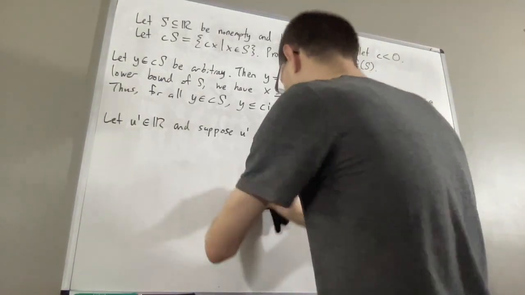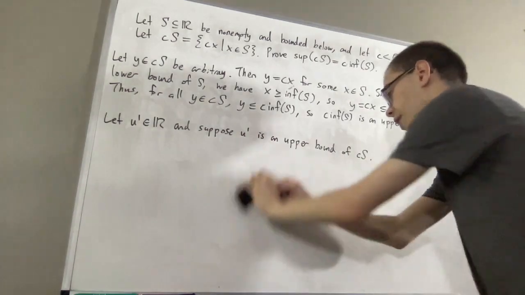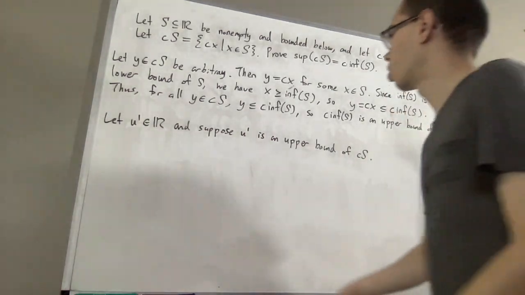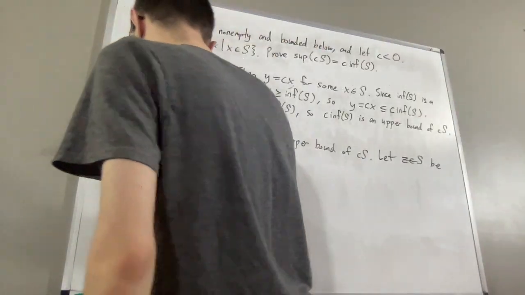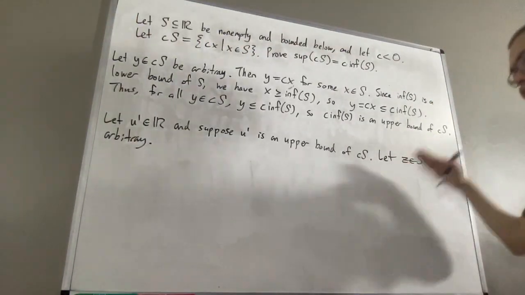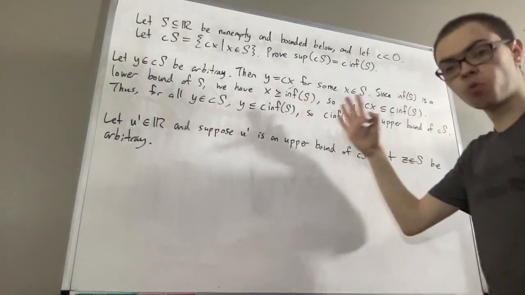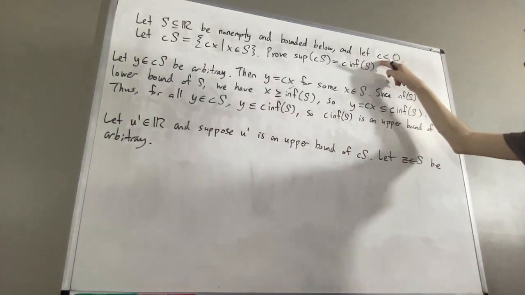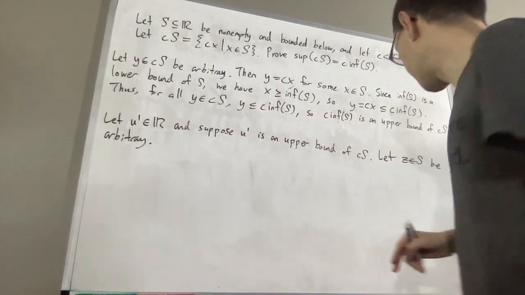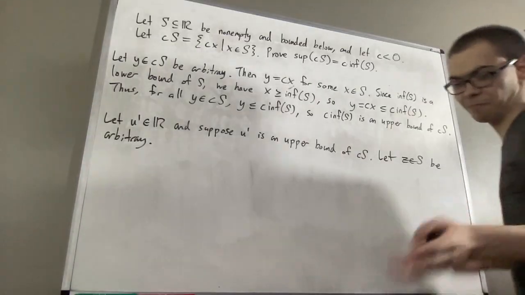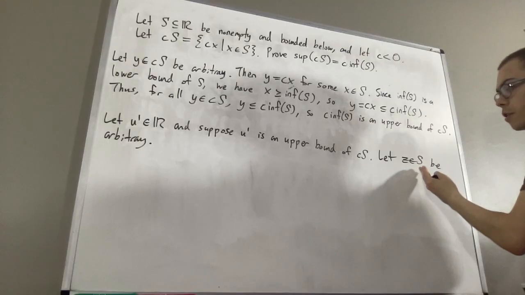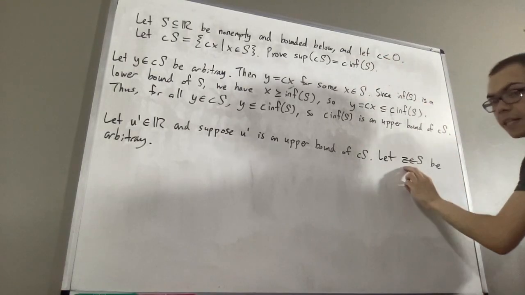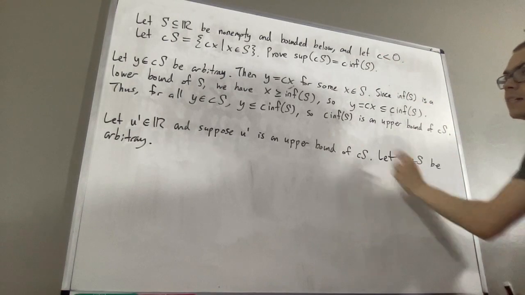To do that, we would give ourselves an arbitrary element of S. I will call it z. We're trying to show z is greater than or equal to u prime over c. Well, let's see. We have z is an element of S. Therefore, c times z is an element of cS.